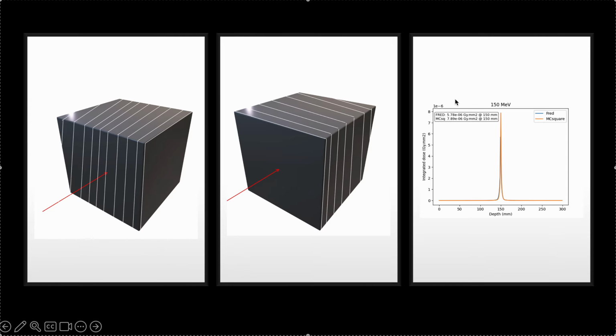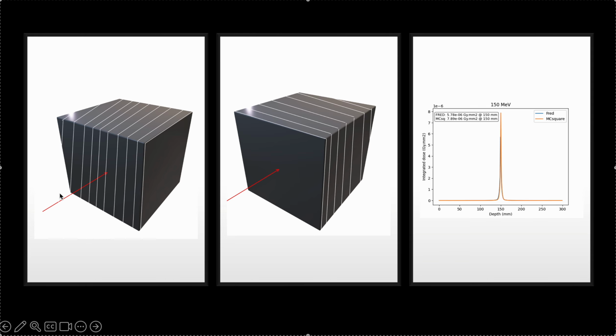Hence you get the 10 to the power minus 6 for this. So for this it will be 0.5, 0.5, 0.5, 0.5, and maybe 20, 30 gray millimeter square, then 0.5, 0.5. You get the idea. And that's how I plotted.